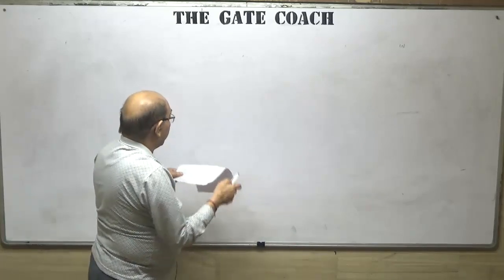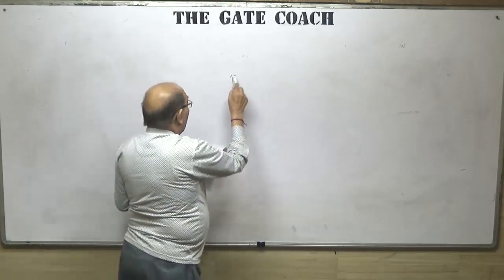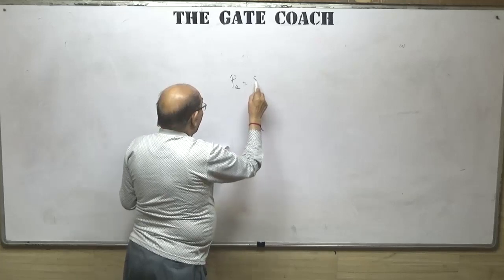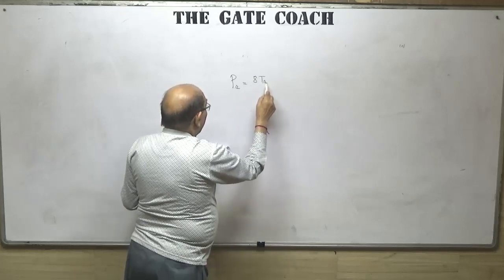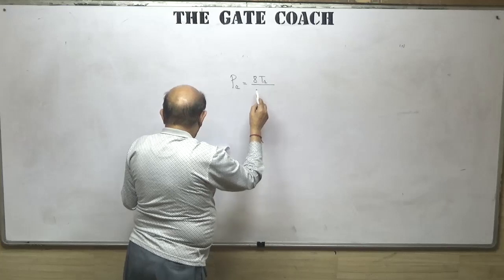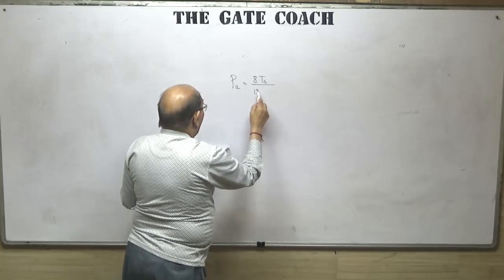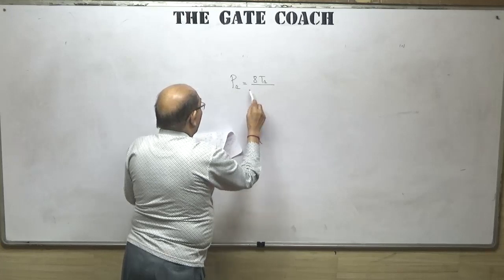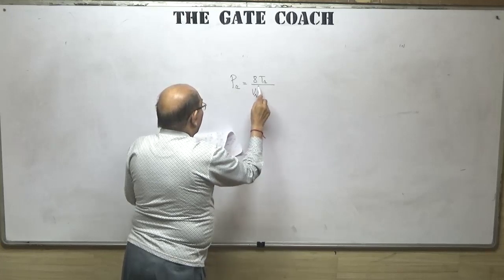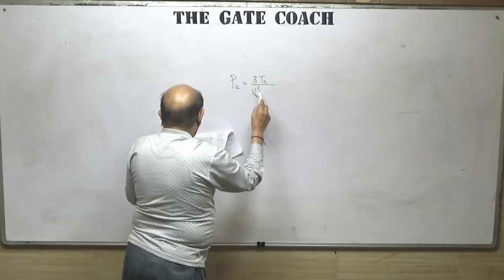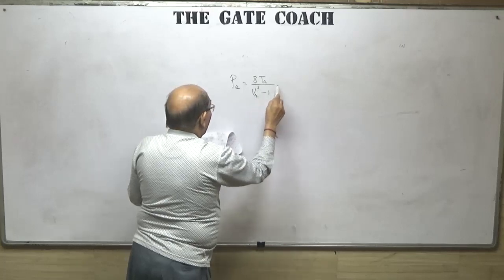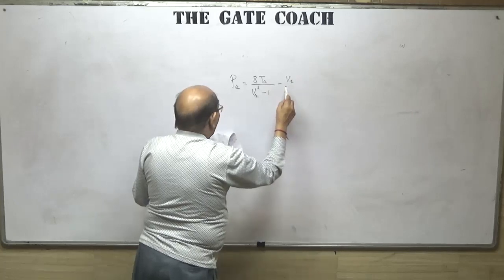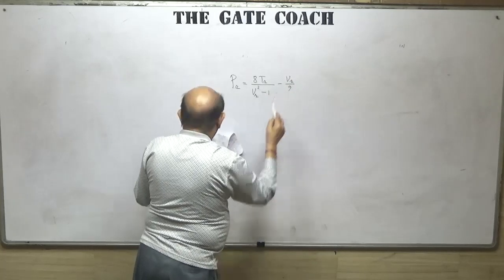The reduced pressure equation is given as Pr is equal to 8Tr upon (3Vr minus 1) minus 3 upon Vr square.